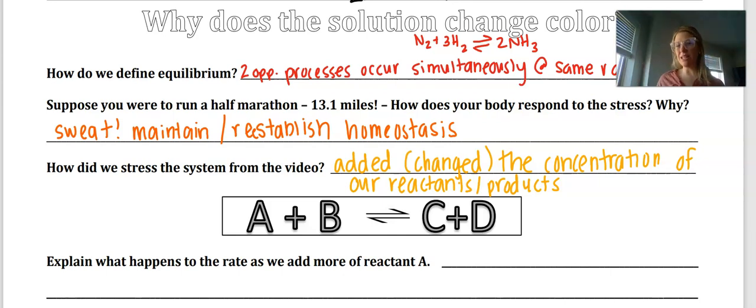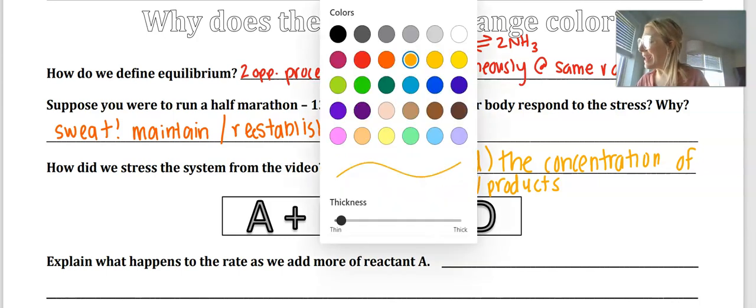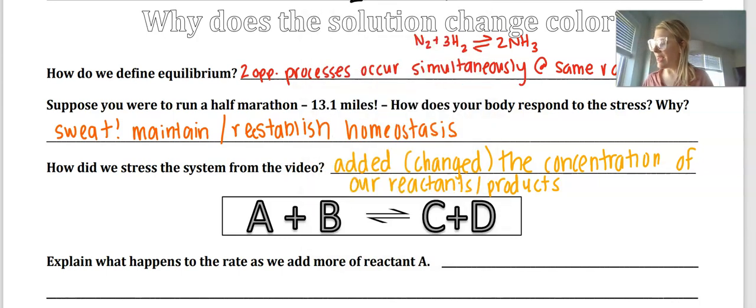A lot of today's lesson is going to have to really be putting on our conceptual thinking cap. We have to envision what would happen in terms of collisions if we're adding additional A. So if I add substance A into my reaction chamber, what's going to happen to the number of collisions between A and B?